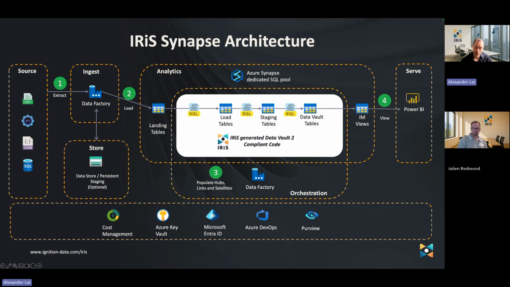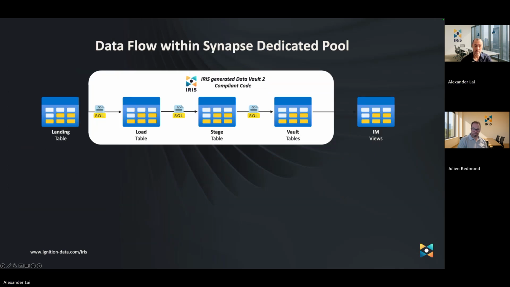But what I want to quickly do is talk about that little white box in the middle. And this basically is how data flows from the perspective of IRiS. What you need to do is get your source data into the landing table in the dedicated pool. IRiS sees the landing table as the start of its journey, even though obviously on a project it's much bigger than that.